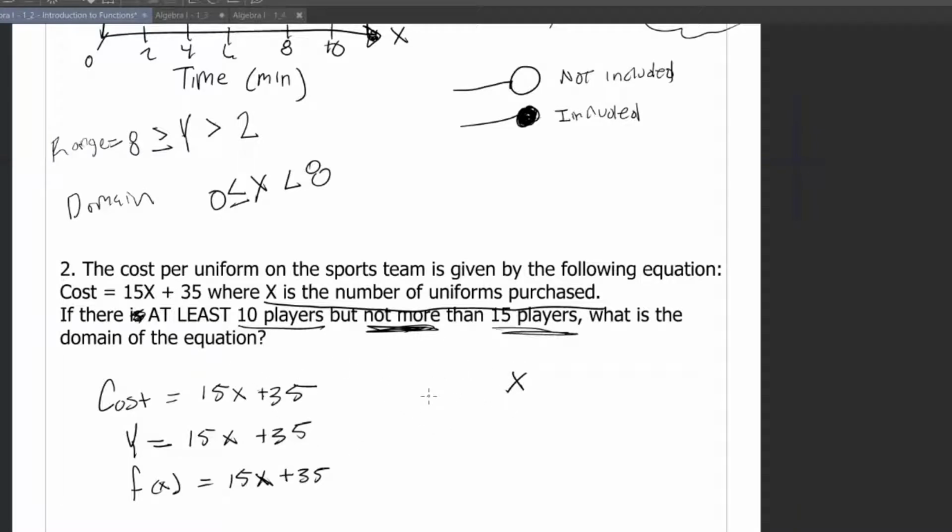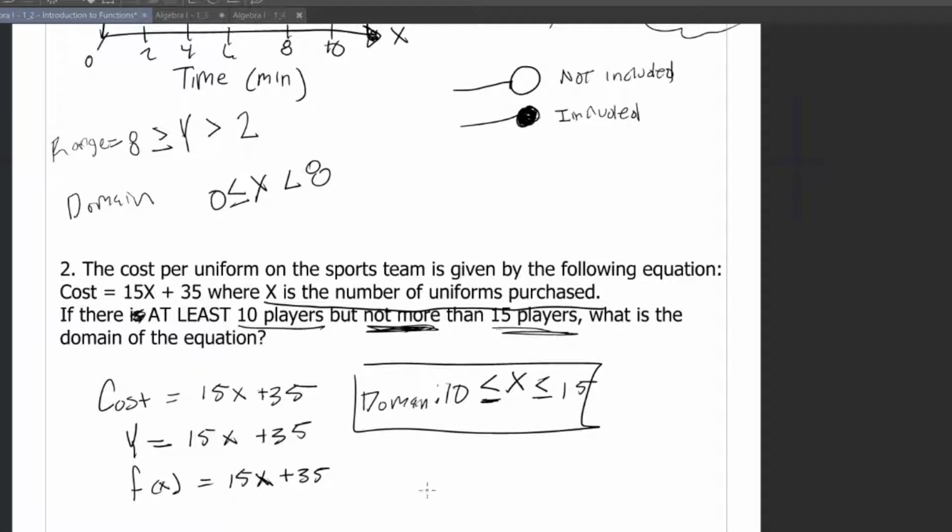So looking at the wording, they are saying that the amount of players is at least 10, so it's greater than 10, but it could also be 10. And not more than 15 players. So x is less than or equal to 15. So that is the domain.